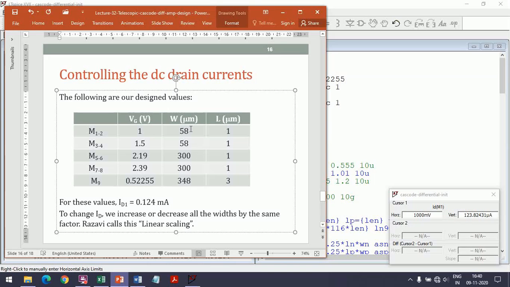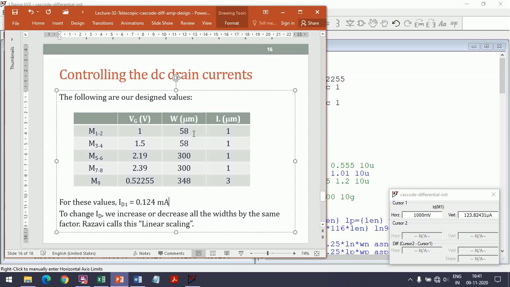If I make this 3 times, the current will become 3 times. Why? Because the current goes linearly with the width. ID is equal to mu1 Cox W by L VOV squared. If you keep everything else the same and scale the W, the current scales according to W.